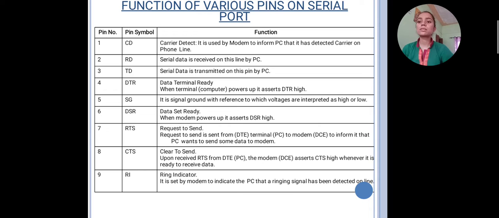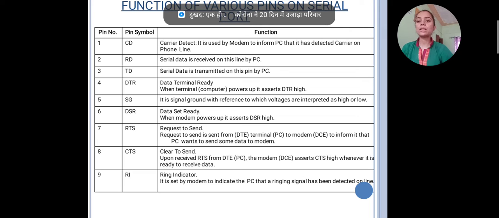TD, serial data is transmitted on this pin by the PC. DTR, data terminal ready. When the terminal powers up, it asserts DTR high. SG, the signal ground, with reference to which voltages are interpreted as high or low.